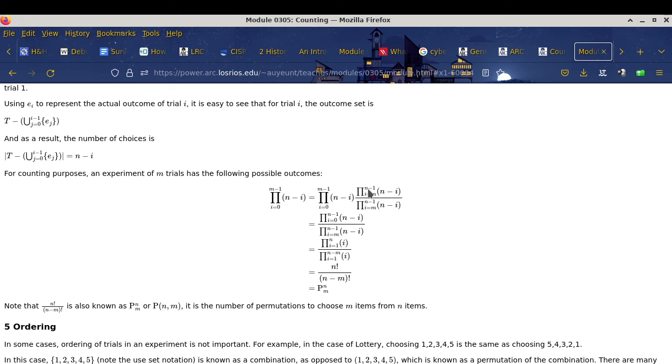Let me say that one more time. The two ranges are two partitions of the same bigger range, except I just chose a point to break it apart. The first pi notation goes from 0 to m minus 1, and the second pi notation picks it up at m and goes all the way to n minus 1.